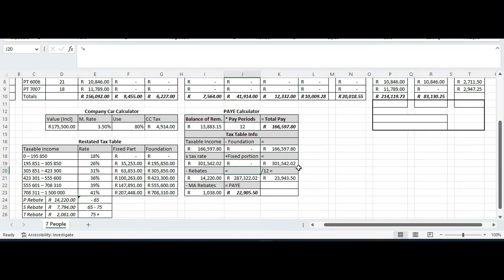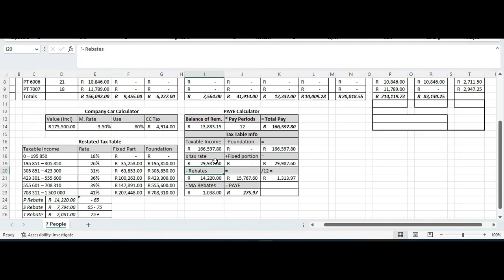So the total tax that he's paying at this point is 301,000 Rand per year. I did something wrong, guys. What did I do wrong here? Multiplied it with 181%. I thought that's completely wrong. 18%. That looks better.